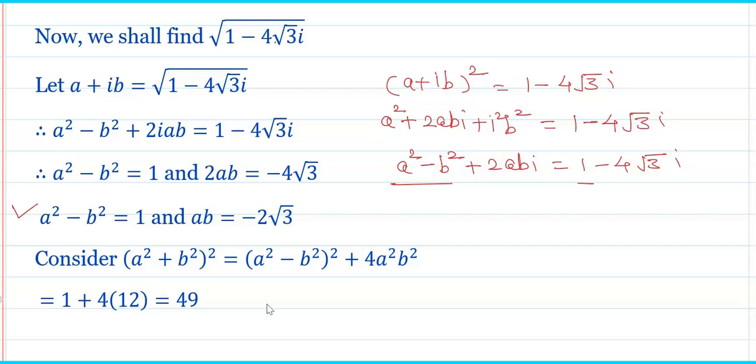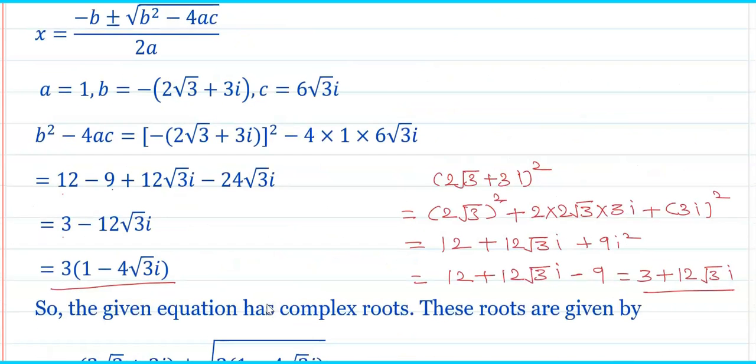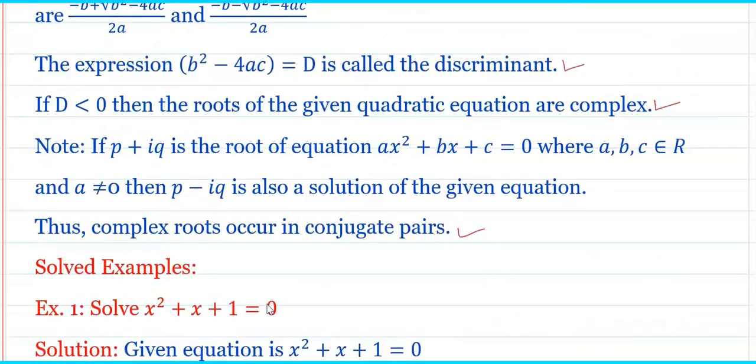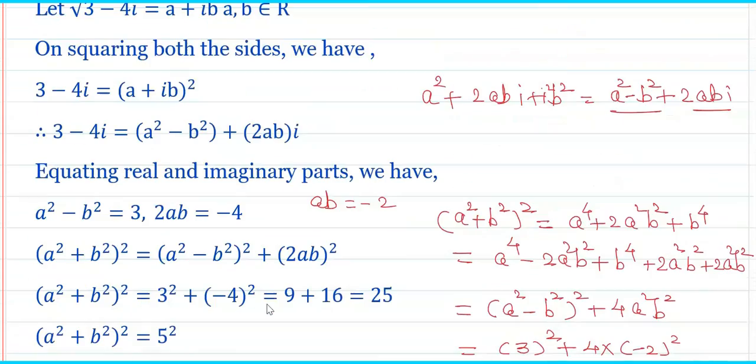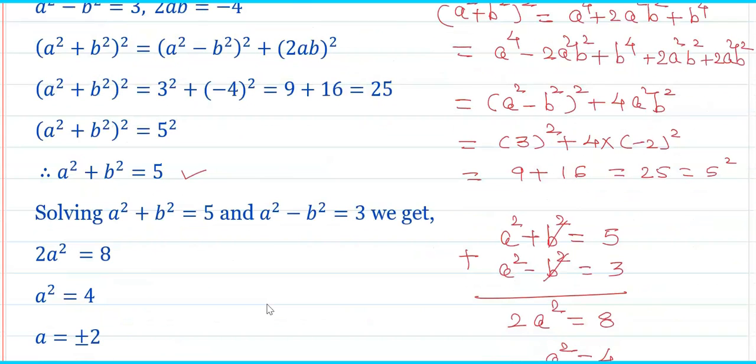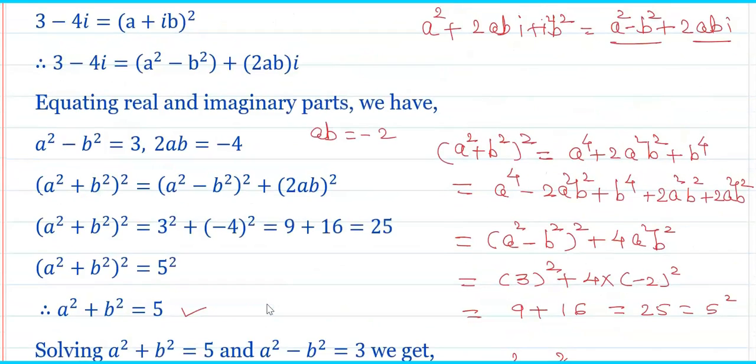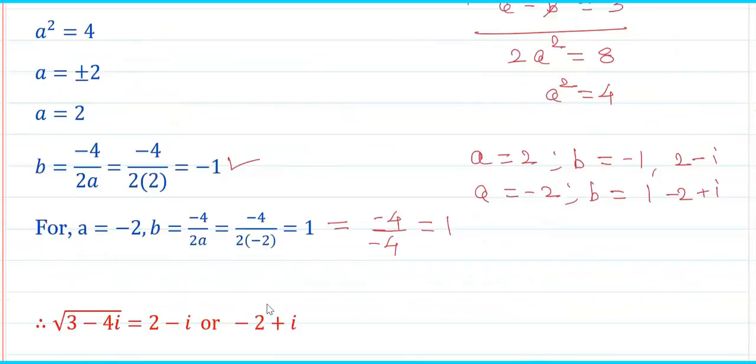Again what value will we find out? a square plus b square. Again, like the expression we made earlier for the previous problem, what is that? Find out the value of a square plus b square in terms of a minus b bracket square. Therefore a square plus b square bracket square is equals to a square minus b square bracket square plus 4 times a square into b square.